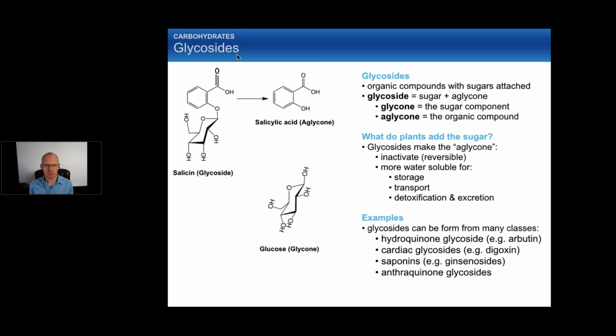So when it comes to glycosides, I would say that essentially any phenolic compound and a lot of other compounds, if you add a sugar molecule onto it, it becomes a glycoside. So there are hydroquinone glycosides that we described, remember, like arbutin, which was a urinary antiseptic.